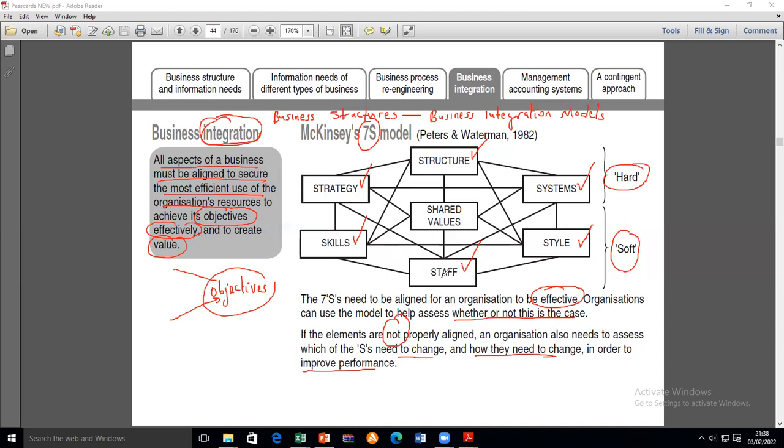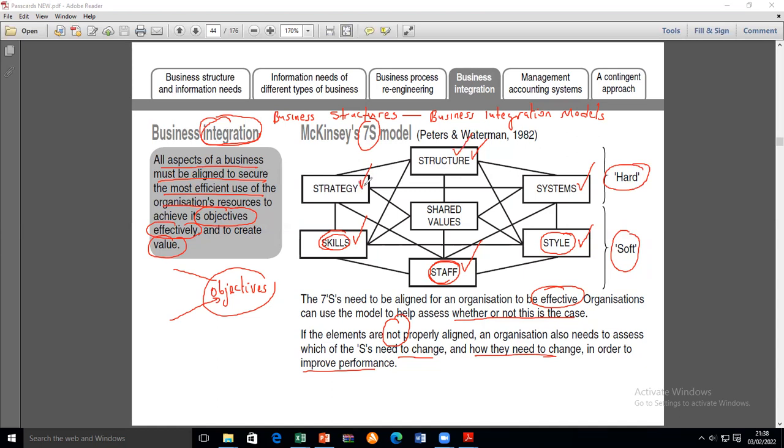To give an example, we need people. These people should have the right skills. There must be an appropriate management style to combine all these elements. We must have a structure, reporting lines.